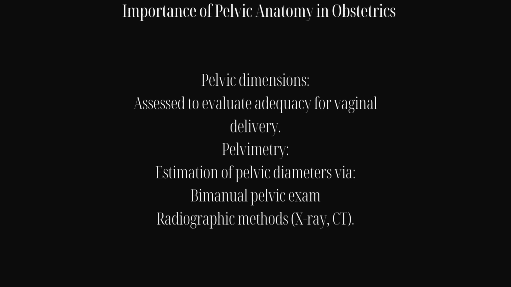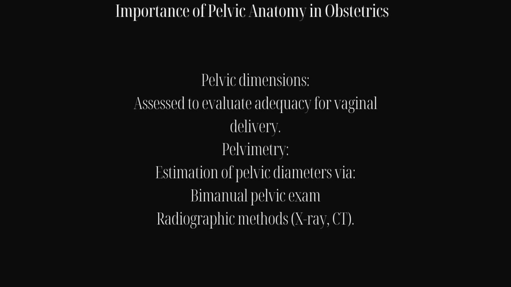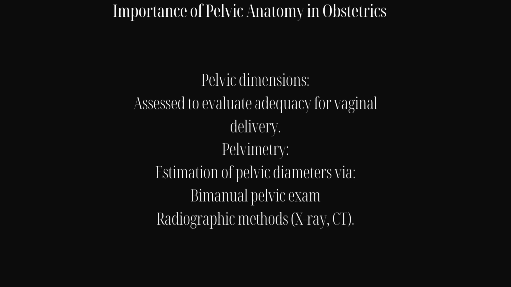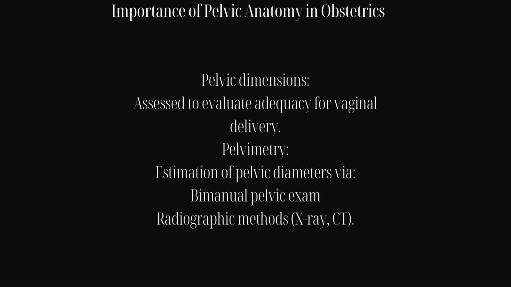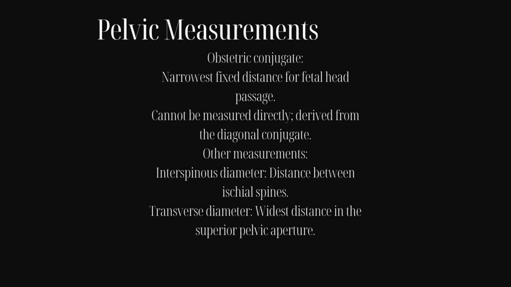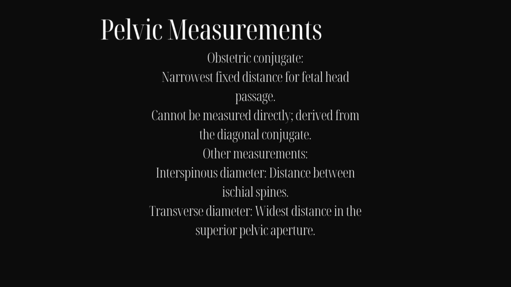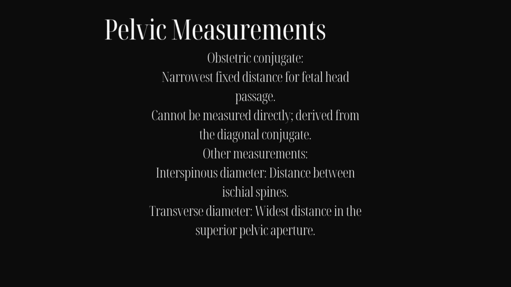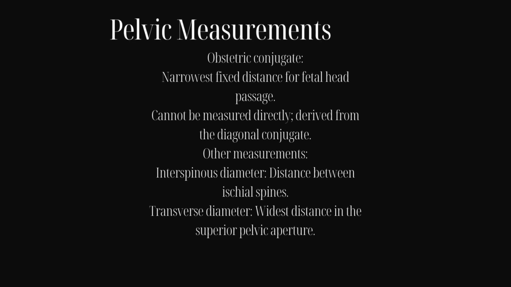These measurements can be estimated clinically during a bimanual pelvic exam or more precisely with radiographic imaging such as X-rays or CT scans. Pelvic measurements are essential for assessing whether the pelvis can accommodate the fetal head during vaginal delivery.